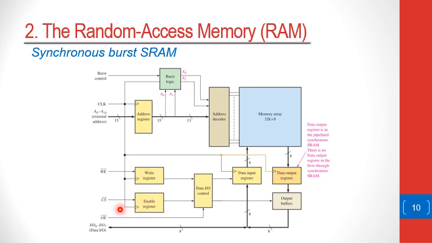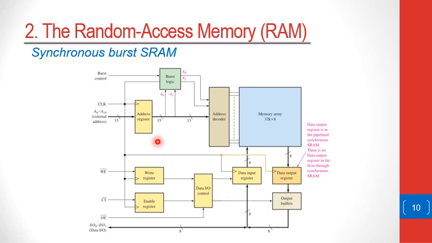Chip select register is also clocked, and then you also control the output enable, and you can see also that the input data register here is clocked. And the difference here is that for a pipeline type, there will also be a data output register which is clocked. However, if it's flow through, this will not be there. So the output will simply go straight to the output buffer.